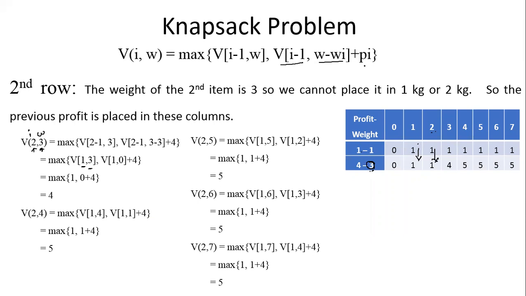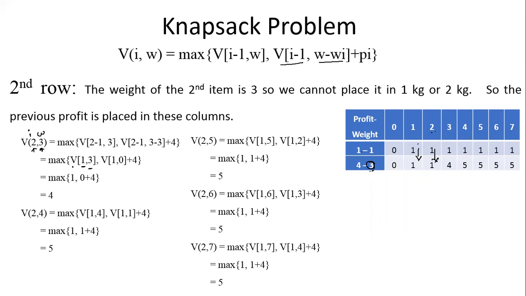Plus the profit of I, the corresponding profit of this item. Why? Because here the capacity of the bag is 3 and we are also going to place the item of weight 3. That's why the remaining capacity is 0.